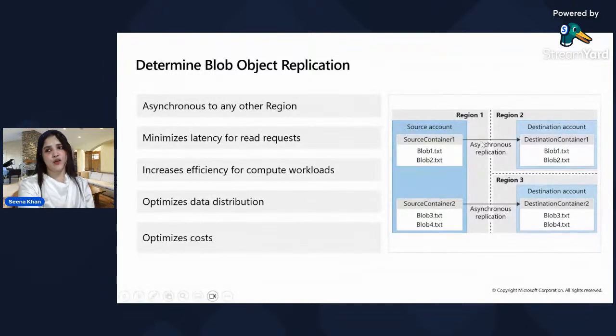This illustration shows an asynchronous replication of the blob containers between regions: the source account, source container one, blob one text, and the asynchronous replication to region 2 and region 3.